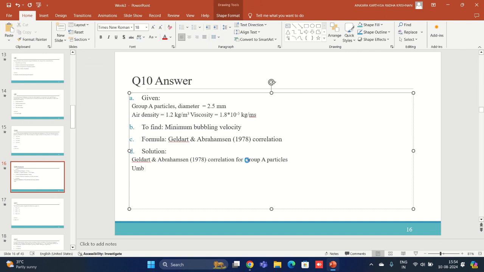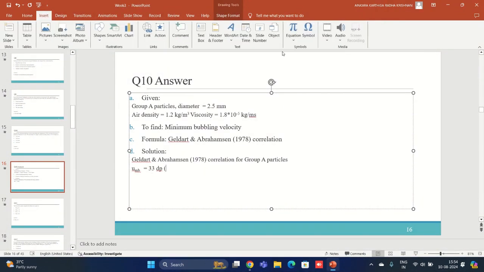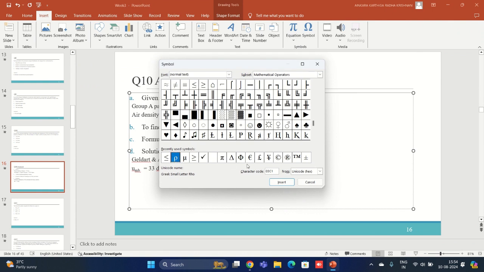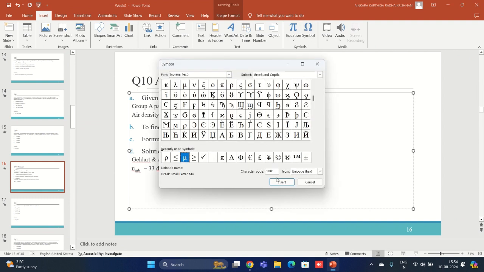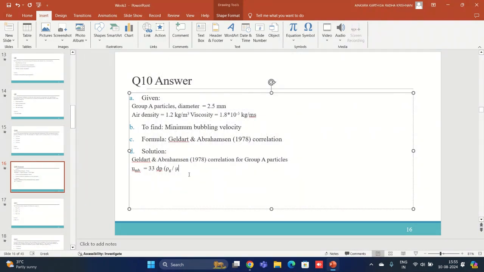UMB is equal to 33 dp, this formula we have seen in the previous text, into rho g divided by mu g, to the power 0.1. This is the formula.